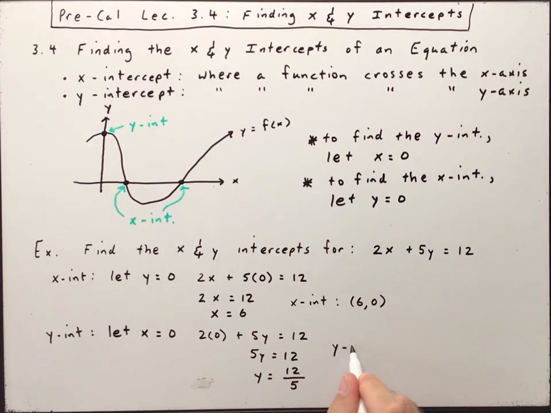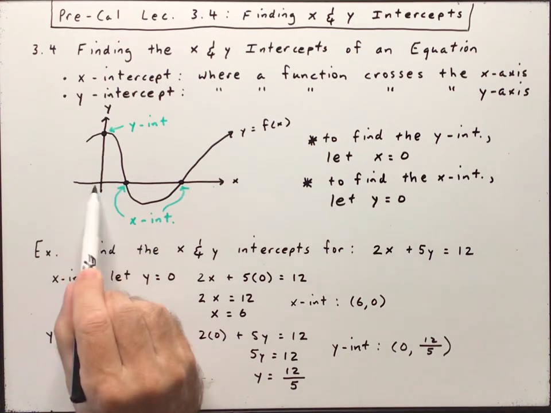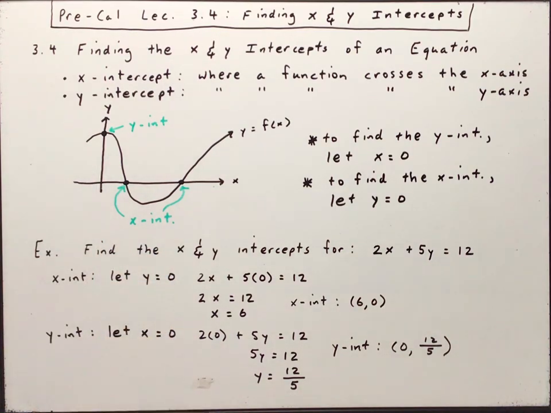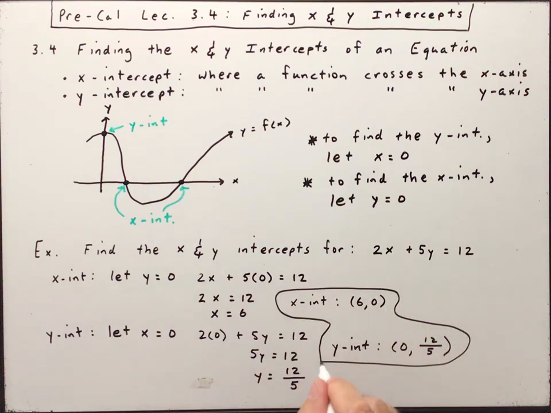So the y-intercept is at the point 0, 12 over 5. Okay, remember the y-intercept always will have an x value of 0. So that's our answers.